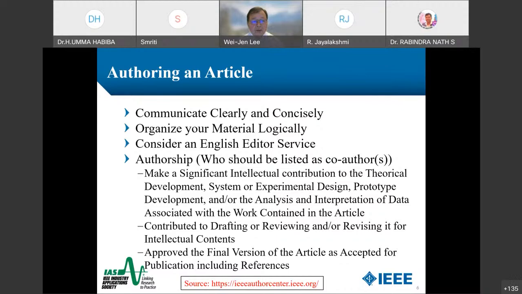You have to communicate clearly and concisely, and organize your material logically. Basically, it's just like writing a novel: you tell people what the problem is, what the motivation is, how important the problem is, what has been done, what you propose to do, the theory to support your proposal, a case study to validate your proposal, and then the discussion.